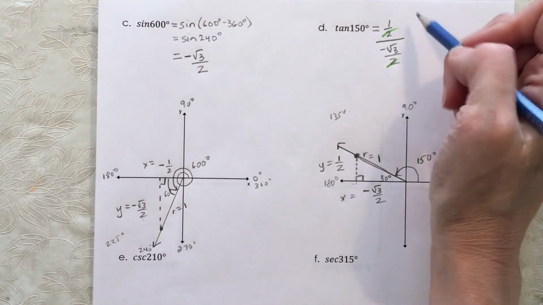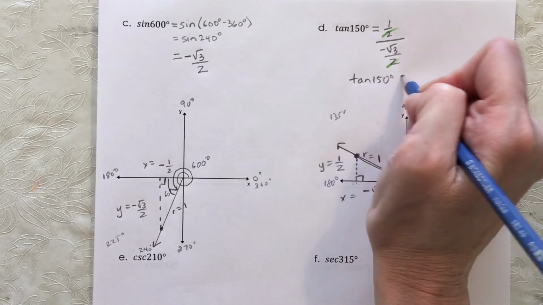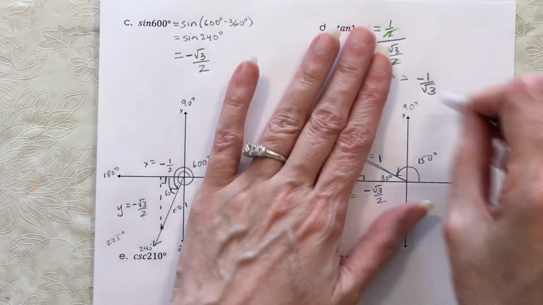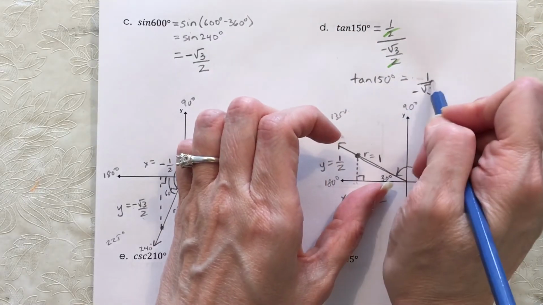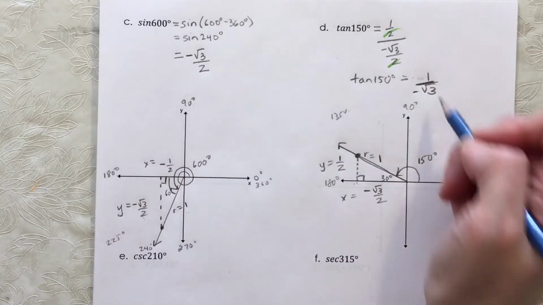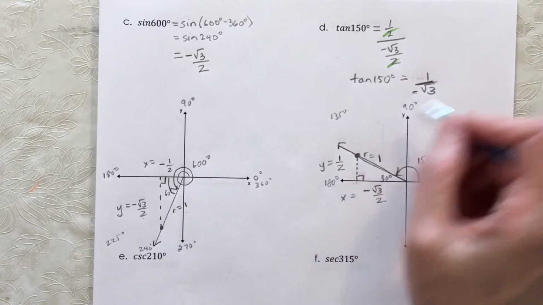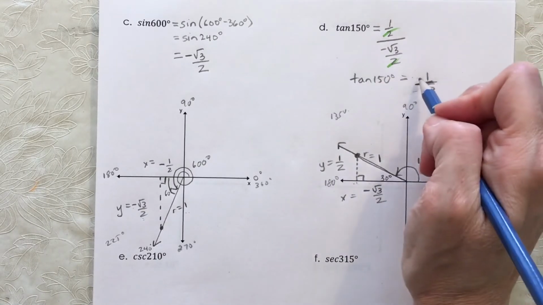So the exact value of the tangent of 150 should be negative 1 over root 3. You might think at first it's 1 over negative root 3, which is true, okay? But that negative with a fraction can be with the denominator, with the numerator, or out front. Usually, they'll always put it with the numerator.